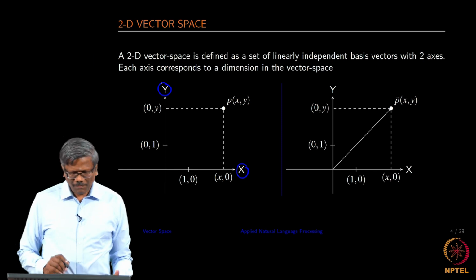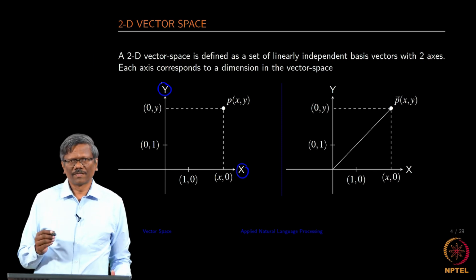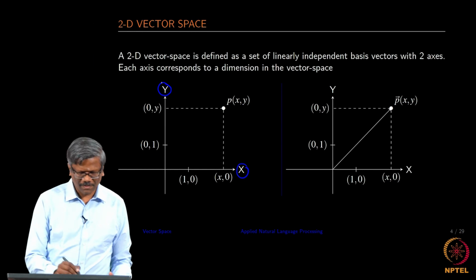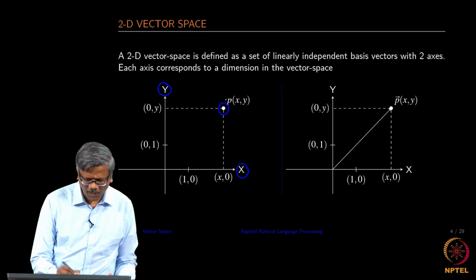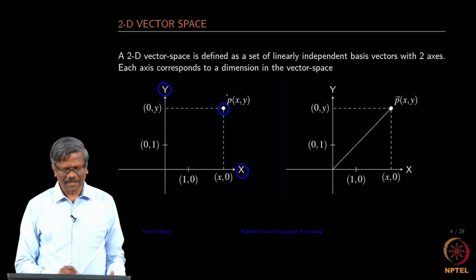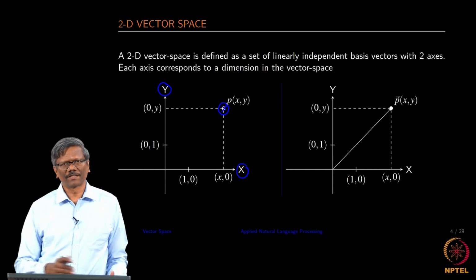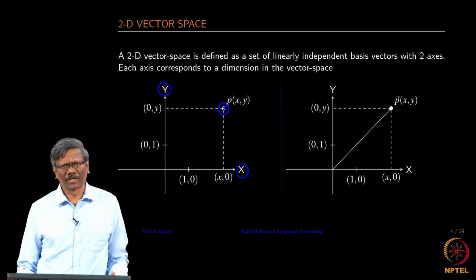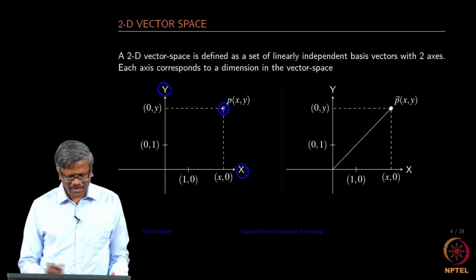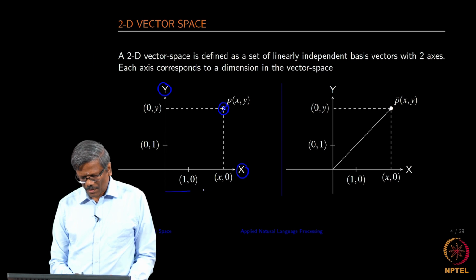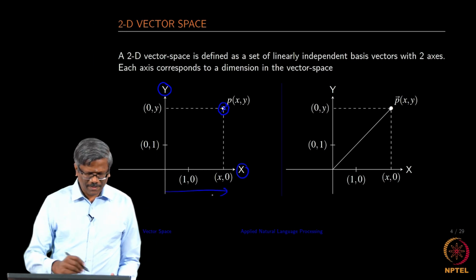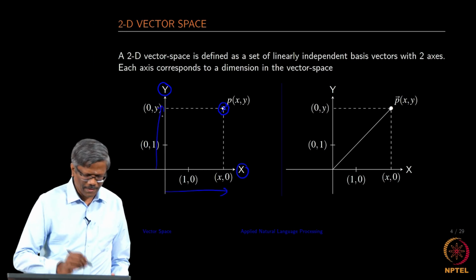Okay. So, if you want to represent a point which corresponds to both these axes, we just find out the value of that point with respect to the x axis and y axis, and then mark that point. Let us call that a point P, which measures x in the x direction and then y in the y direction.